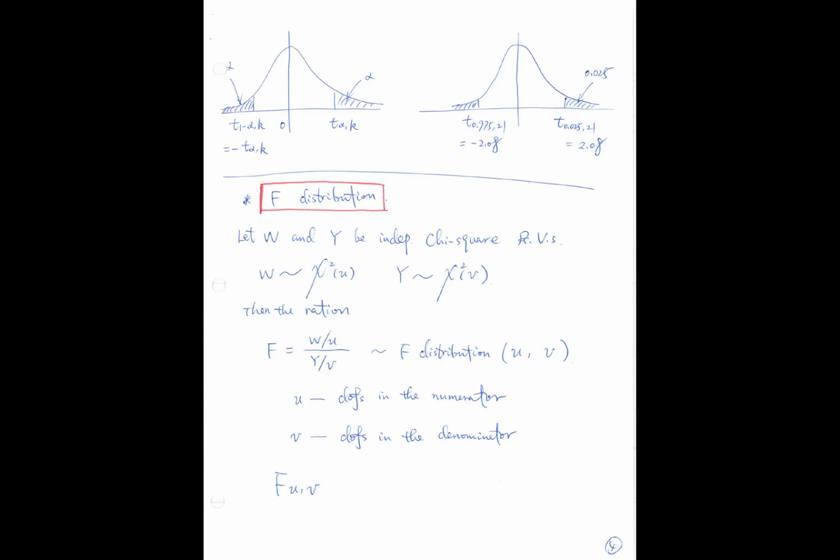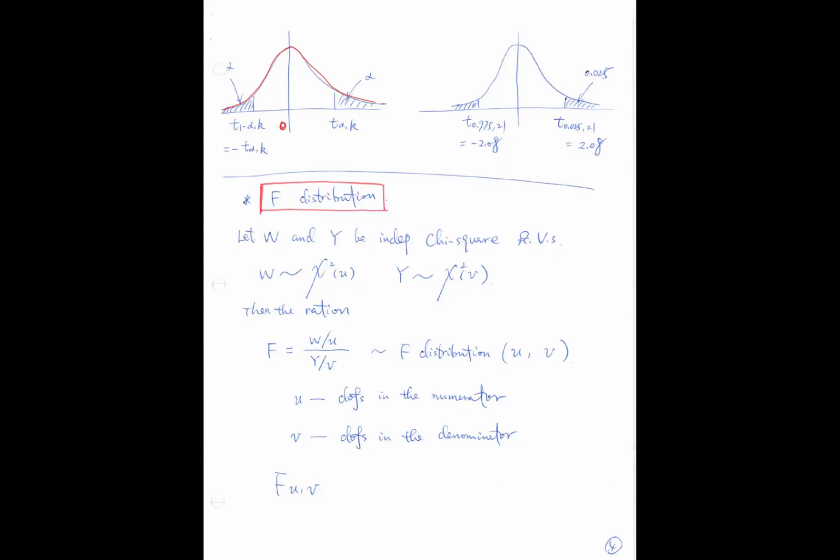The T distribution is symmetric, very similar to the normal distribution, like this. Now you have T1 minus alpha, k, which is actually equal to, so you have 0 right here, and T1 minus alpha, k is equal to minus T alpha, k.